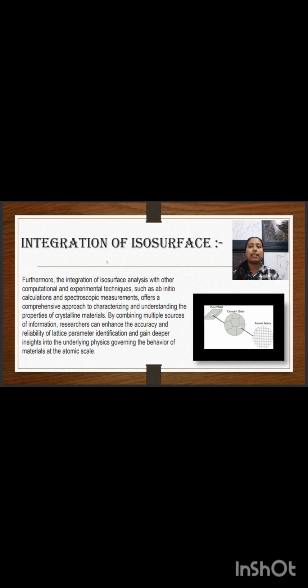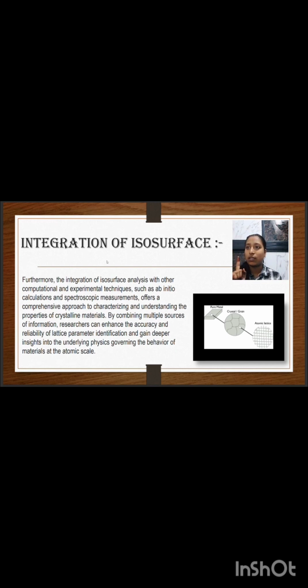Researchers can enhance the accuracy and reliability of lattice parameter identification and gain deeper insights into the underlying physics governing the behavior of materials at the atomic scale. It has a specific amount of scales.